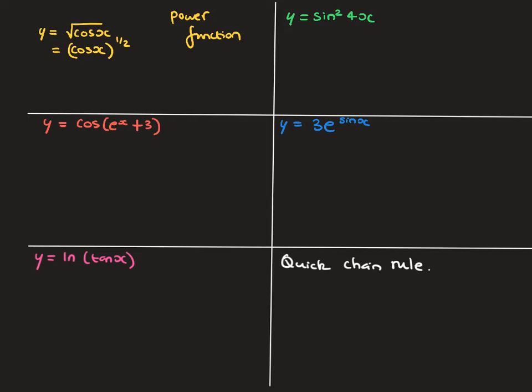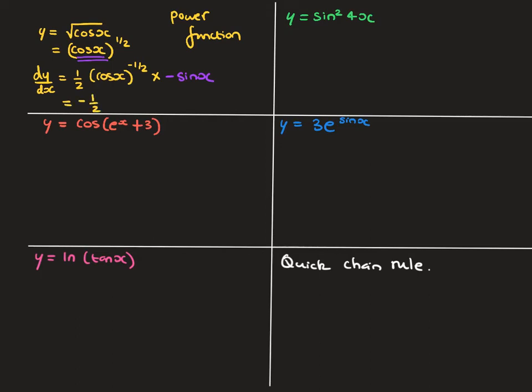So dy by dx, multiply by the power, reduce the power by 1, and then multiply by the derivative of the inner function, which means multiply by the derivative of cos x, which is negative sine x. So what's our answer?